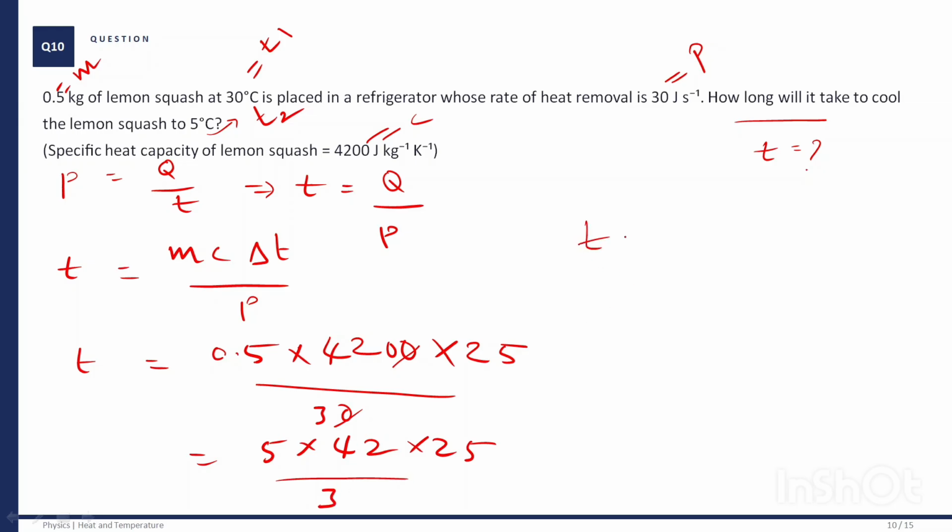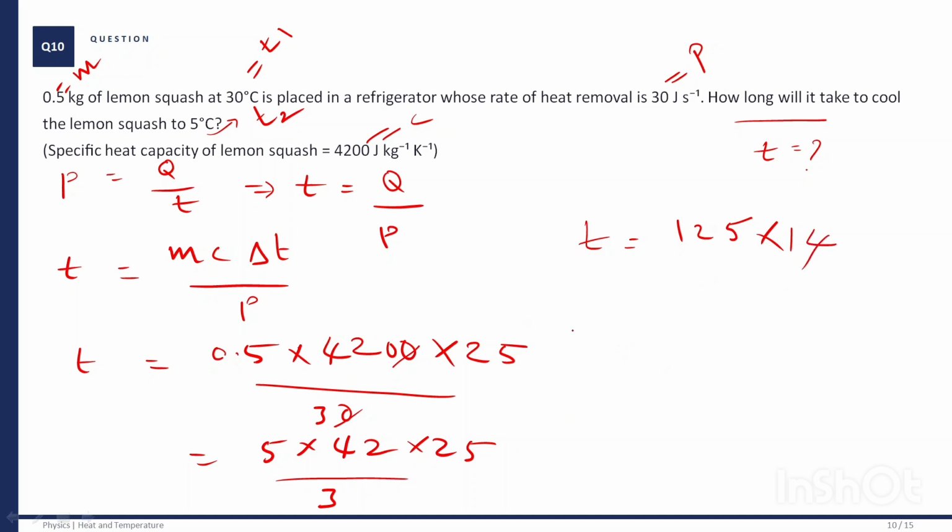Then time t equal to 125. 5 into 25, 125, and 3, sorry, not 3. It is 42 divided by 3, 14. So here I will write 14.